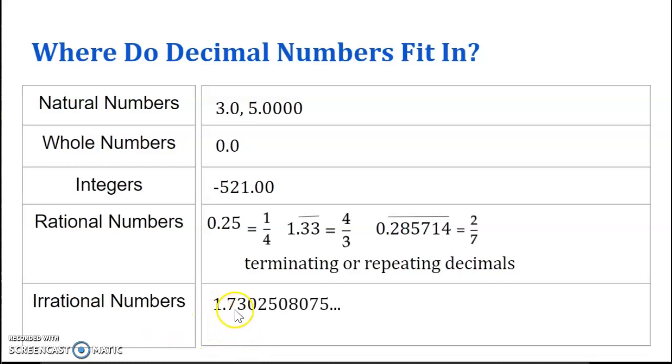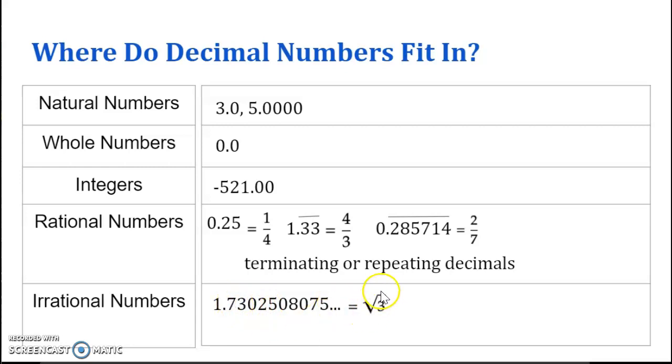Then there are numbers like 1.73025. I mean, there are decimal numbers that do not have any repeating pattern. It's just some random numbers combined, and that is square root of 3. If you try to represent square root of 3 as a decimal, it is a number that goes on forever. So when we cut it off at 1.73 for the sake of simplicity for our calculations, we're really approximating it.